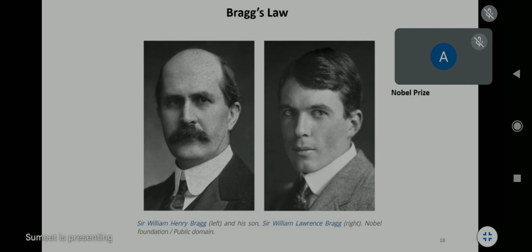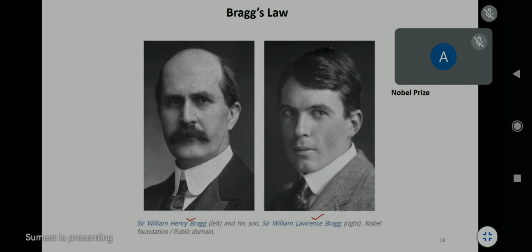The left-hand side picture is of Sir William Henry Bragg, and on the right side is Lawrence Bragg. So these are the father and son who were working on this X-ray diffraction.